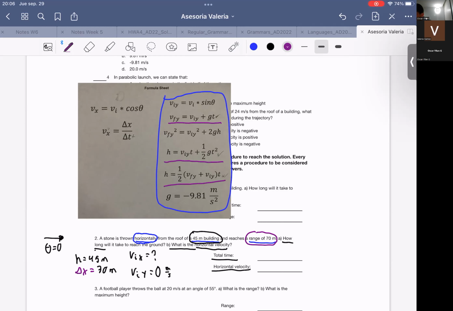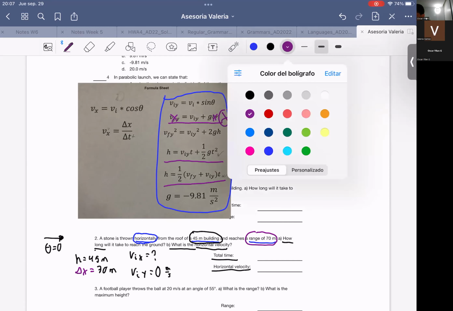These three. Basically, you're going to see that this is really close to the last problem. It's going to be almost exactly the same for the total time. Why? Because again we don't have this value and we don't have this value. We have two unknowns, so we cannot use that one.